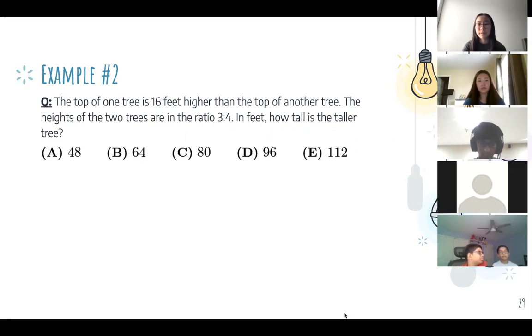Okay, so it looks like people are saying B or 64, which is the correct answer.